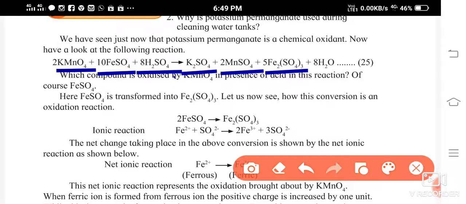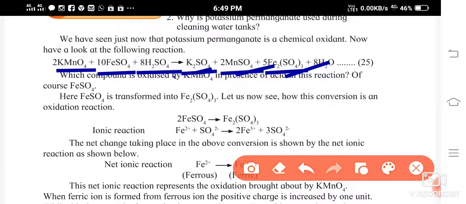They are going to combine with each other to form K2SO4, MnSO4, all sulfates. Remember, it will be easy for you to remember. See, all are sulfates, isn't it? Potassium sulfate, manganese sulfate and iron sulfate, that is ferric sulfate.